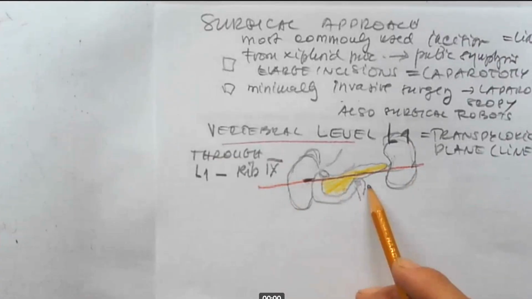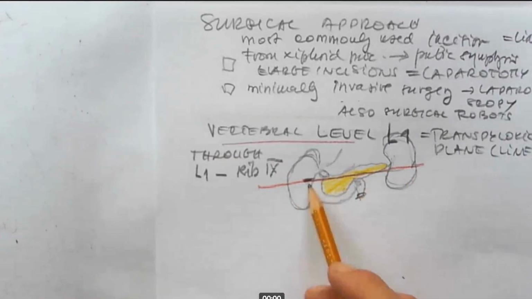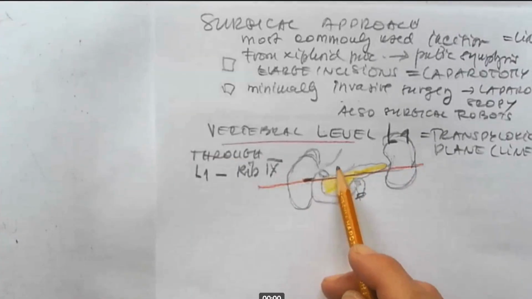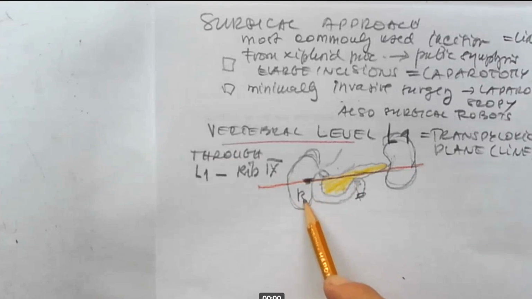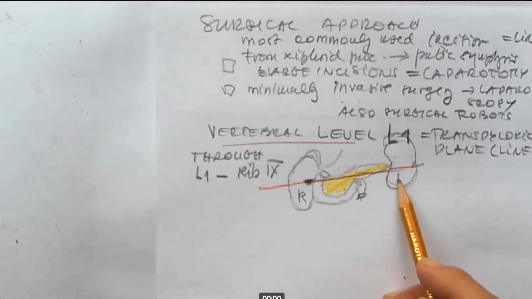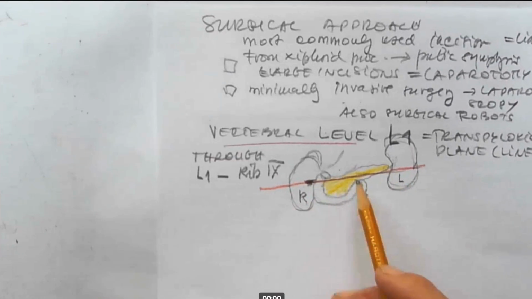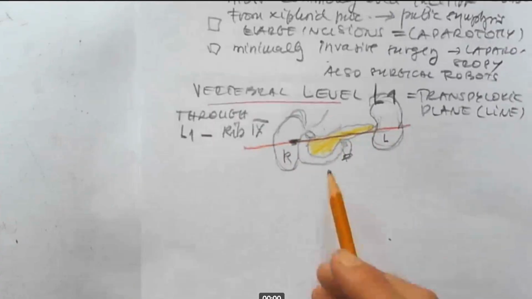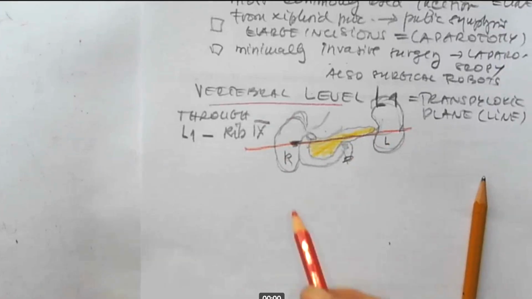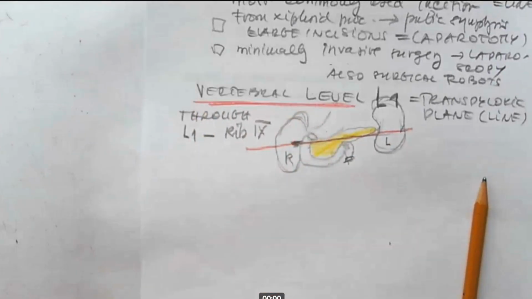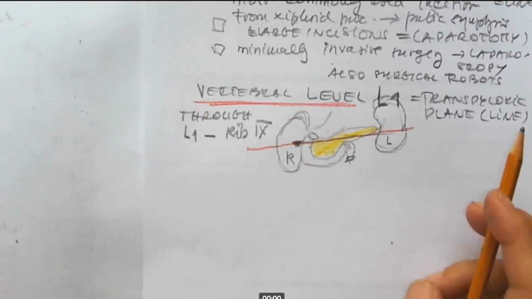Here we have the gastroduodenal junction. Here is the hilum of the right kidney. Here is the lower portion of the left kidney, and here you see also the pancreas. This transpyloric plane is also used for description of some organs like the stomach, liver, etc. So we will use it.